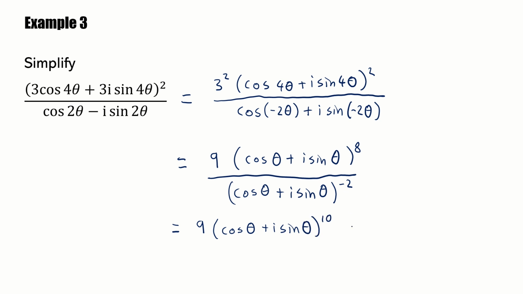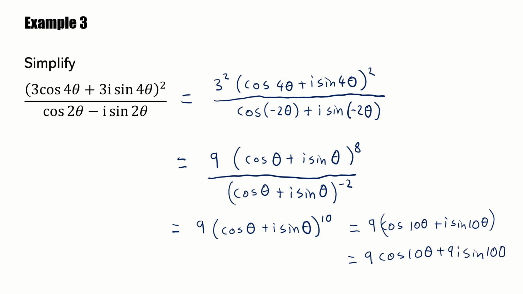Which then means we can do one final step to rewrite that as 9 lots of cos of 10 theta plus i sine of 10 theta. And okay, admittedly, we could then do another step after that, where we multiply out the brackets to get 9 cos of 10 theta plus 9i sine of 10 theta.